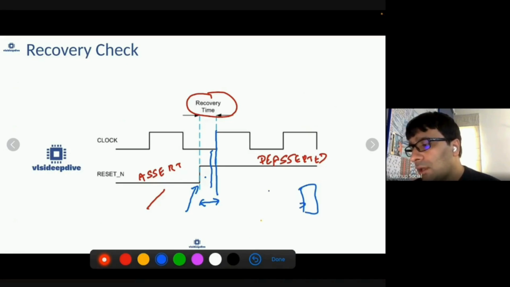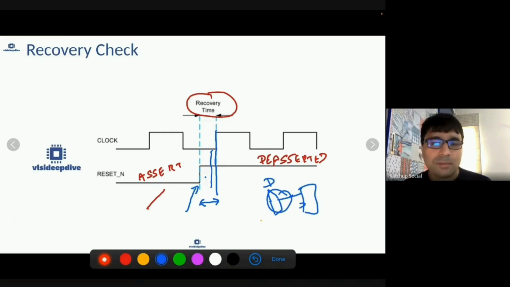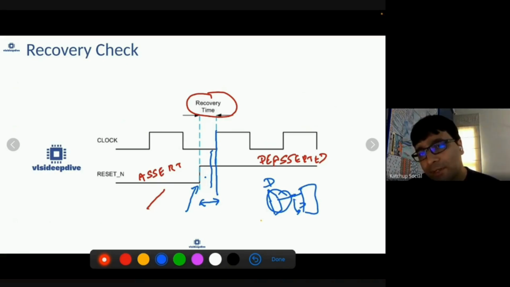A synchronous reset is fed through the D pin, and that is already covered by setup and hold time, because the signal already has a requirement with respect to the clock. But for an async pin, de-assertion is checked separately, to see when the de-assertion can happen with respect to the clock. There should be some time before that, and that is recovery time.